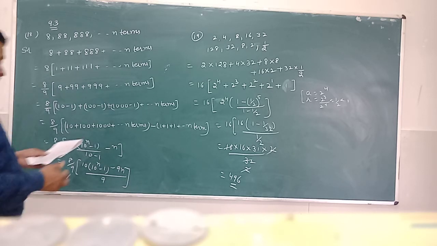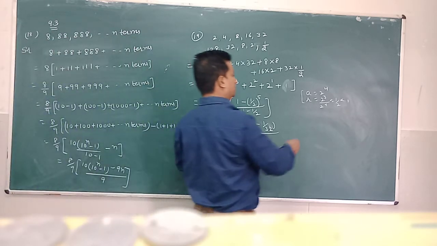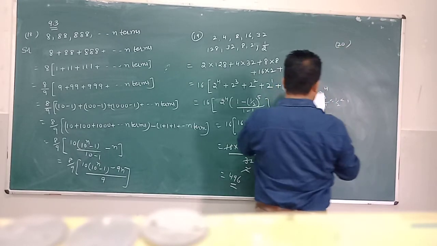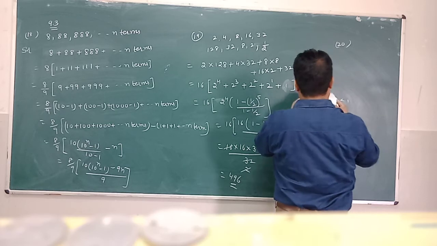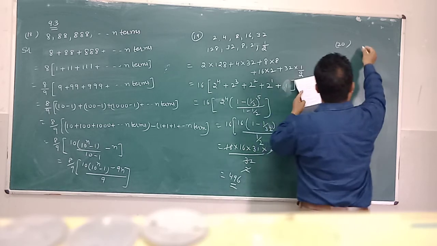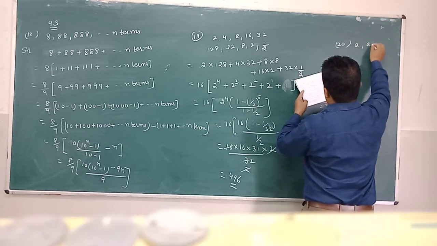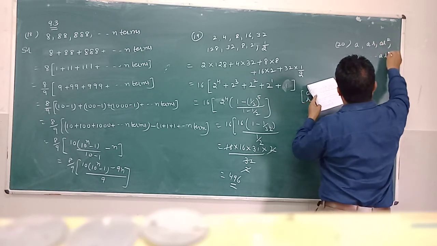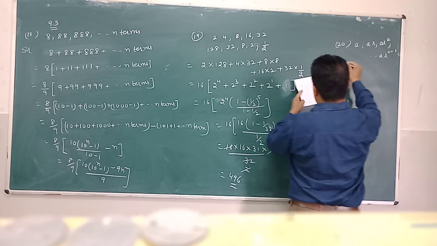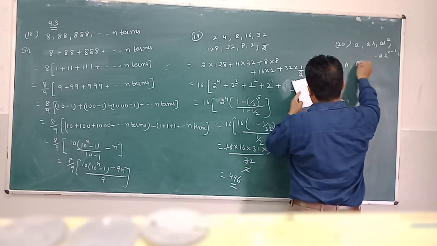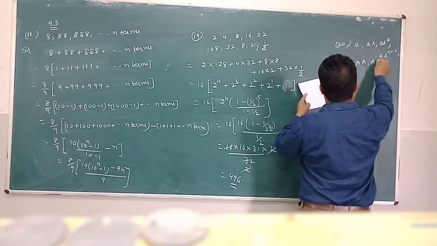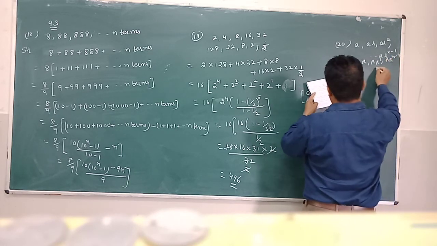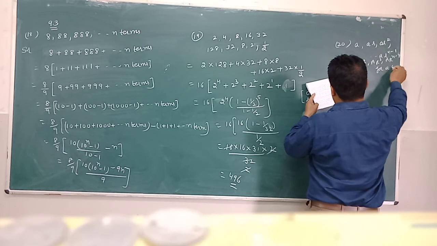In the next question, question number 20, show that the product of the corresponding terms of the sequence a, ar, ar square, up to ar^(n minus 1), and the other sequence A, AR, AR cube, up to AR^(n minus 1), forms a GP.